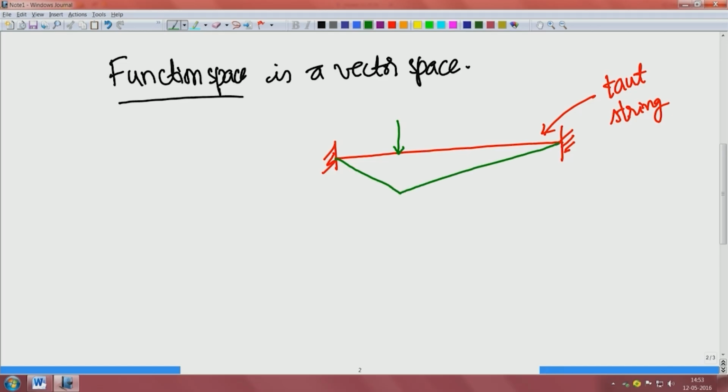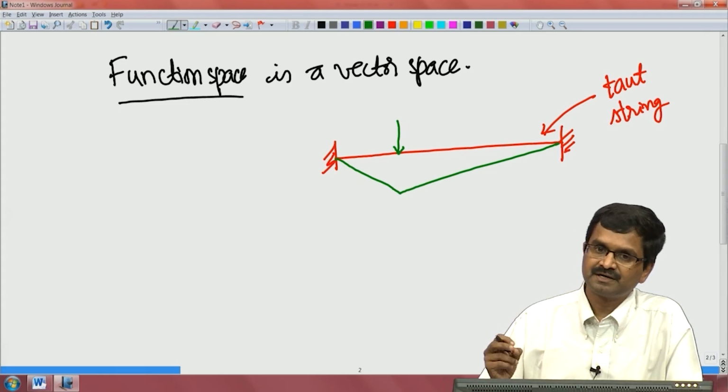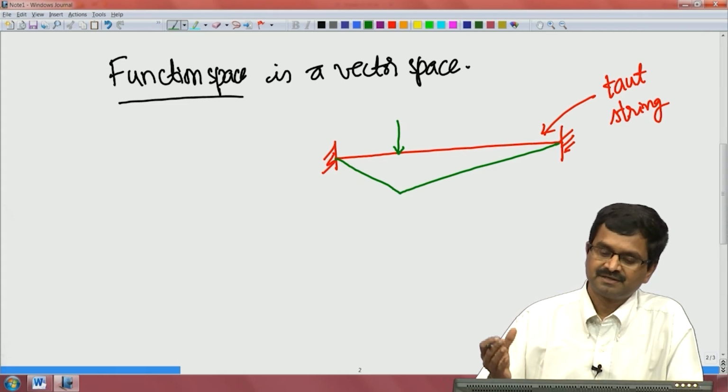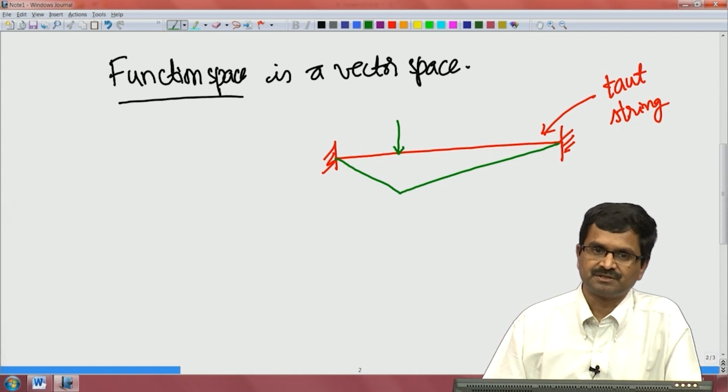Now you ask the question, when we think about the minimum potential energy principle, any elastic system, or for that matter any system, tries to achieve minimum potential energy to reach its static stable equilibrium position, right.